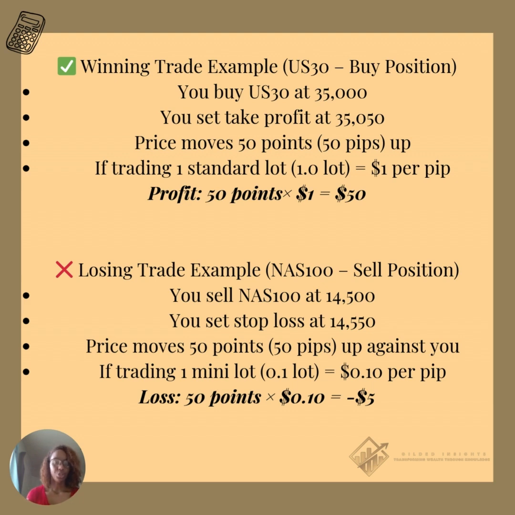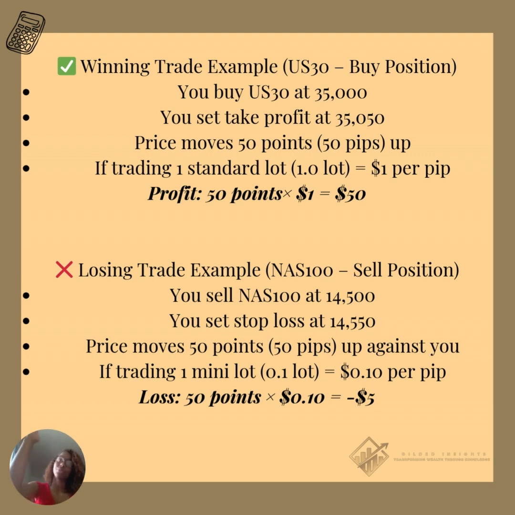Here's a losing trade example with NAS 100. So let's say I'm wanting to get in for a sell position. I told myself, okay, once it taps 14,500, I'm selling. I'm setting my stop loss slightly above my entry at 14,550. Price moves up 50 points against me because I'm in for a sell position.